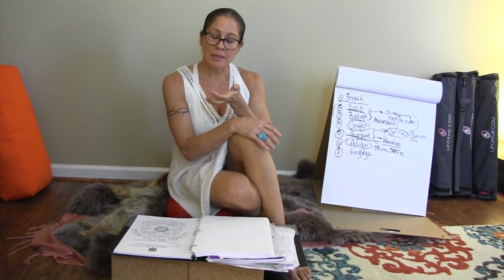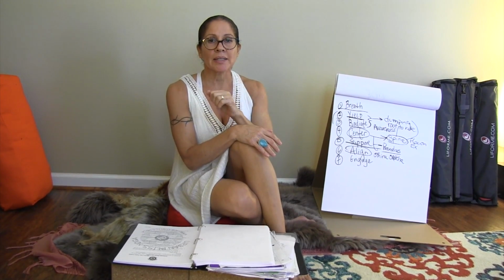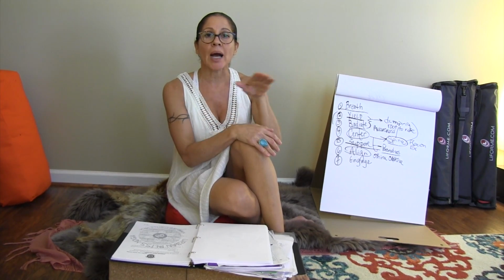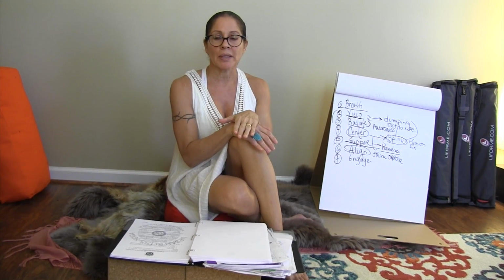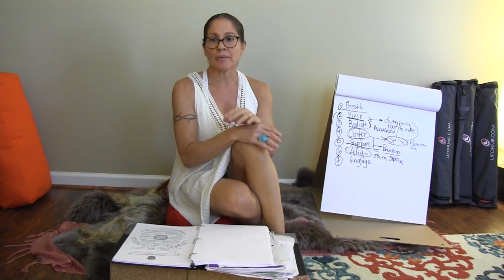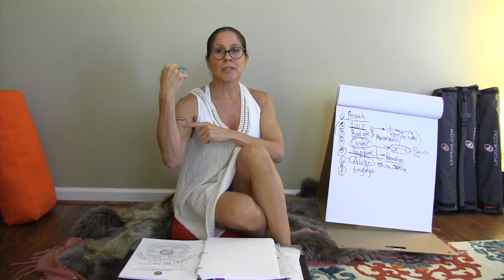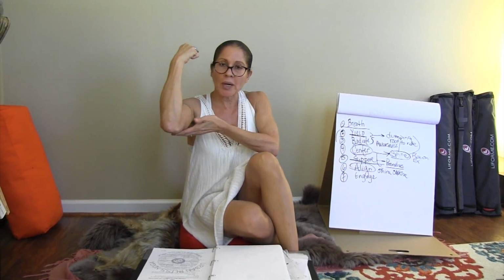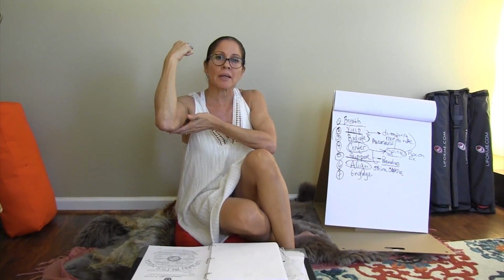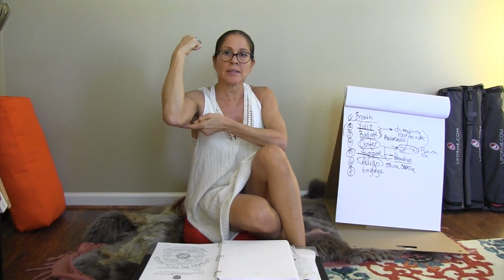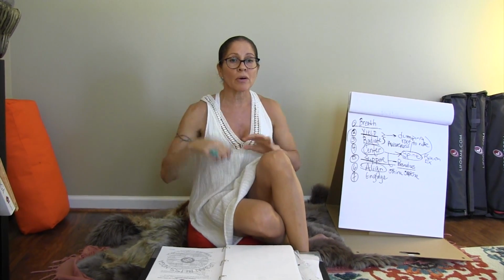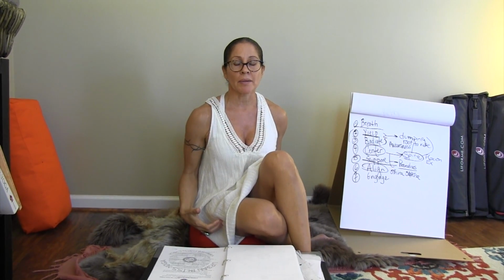So the agonist is going to be your prime mover. The antagonist is going to be the movement that's doing the opposite, the muscle that's doing the opposite movement. So the examples that I give are, if I do a bicep curl, my bicep is contracting as my tricep is lengthening. Agonist, antagonist. And this happens in all different relationships in the body.